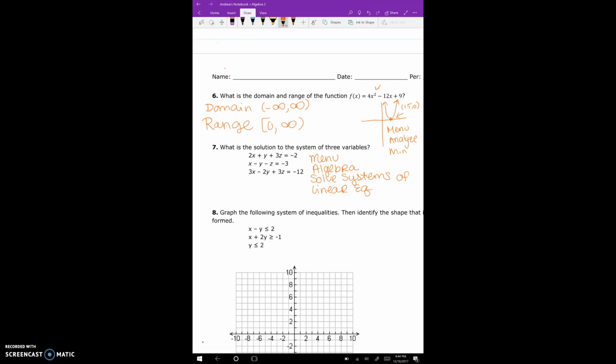Or menu, as y'all say it, menu 3-2. And it's going to ask you how many equations are there. It's going to automatically say 2. You have to change it to 3. And when you do, it's going to tell you -1, 3, -1. You have to realize that this means x is -1, y is 3, and then z is, again, -1.